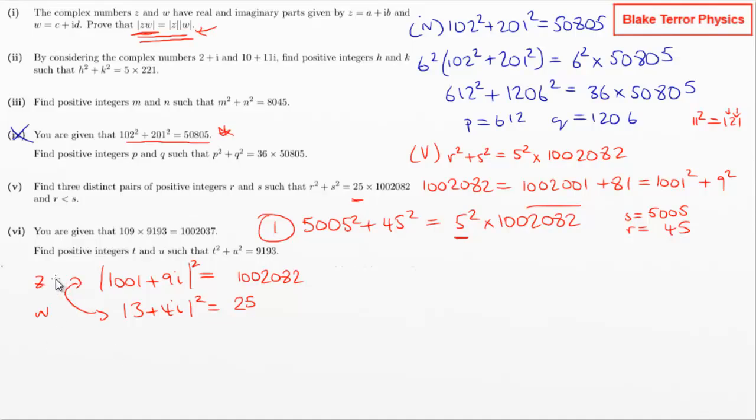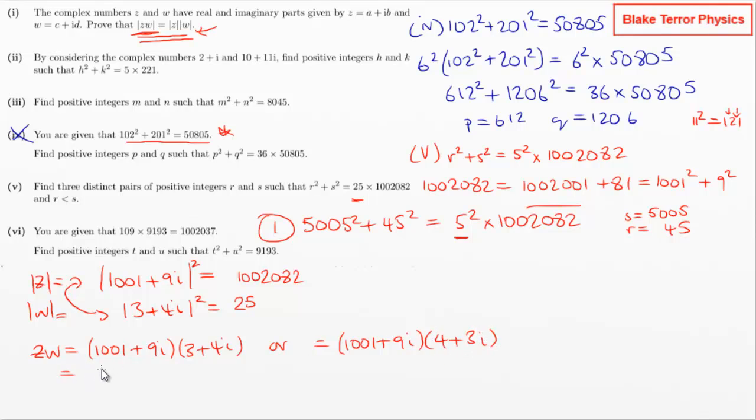So zw is going to be 1001 plus 9i times 3 plus 4i. I suppose I could have done 4 plus 3i. That's probably how I'm going to get two separate solutions for this. So let's say the other one equals 1001 plus 9i times 4 plus 3i.